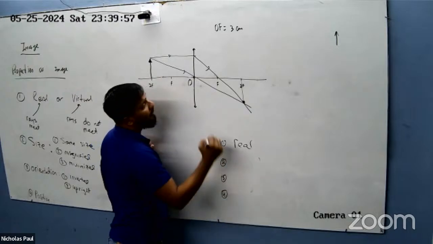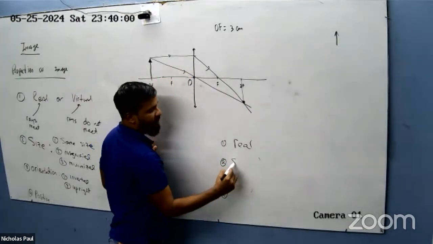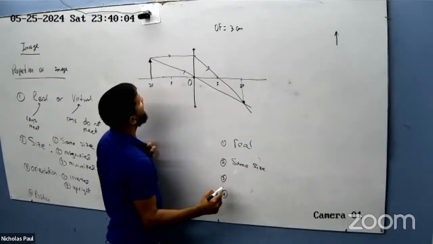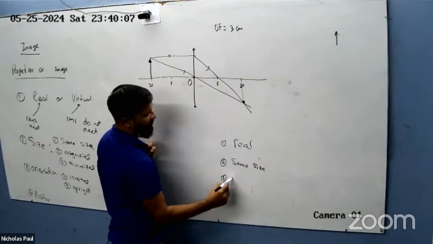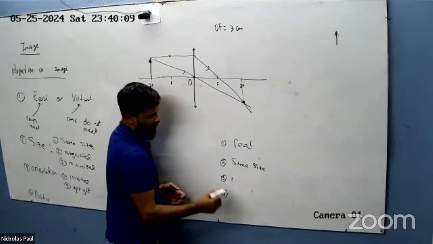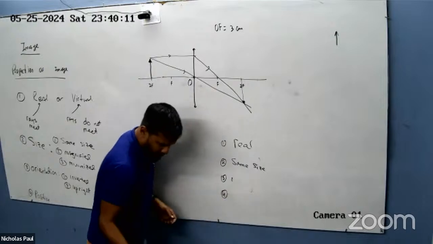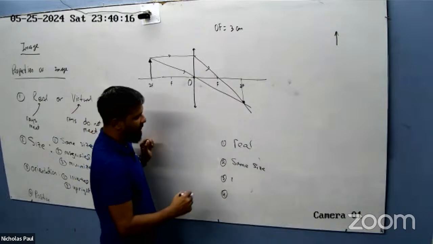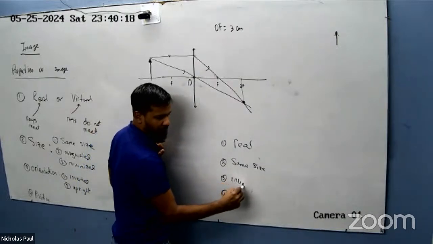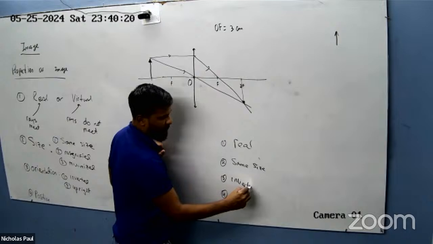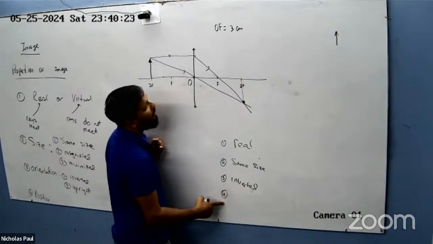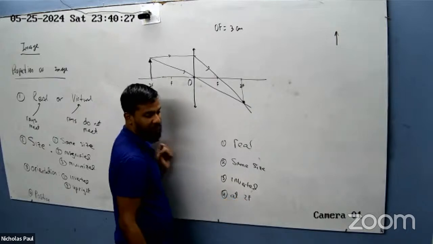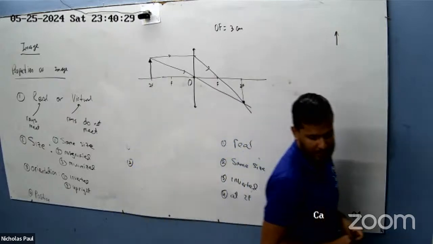Number 2, when you measure it, it should be the same size. Number 3, inverted. And number 4, it is at 2F, exactly at 2F. Right? It's exactly at 2F.